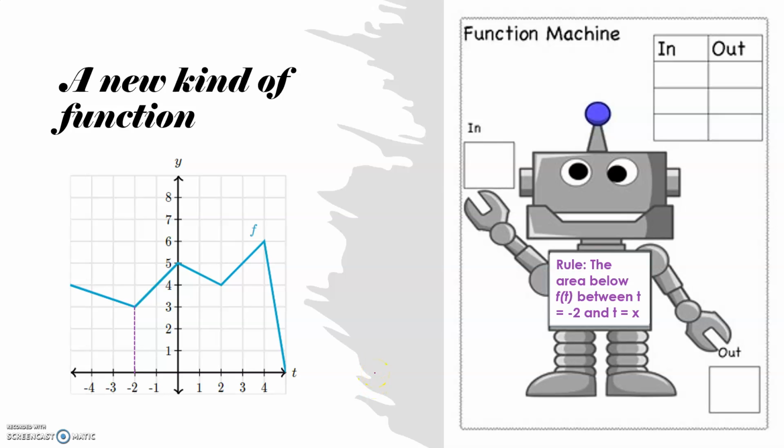If my input is x equals 0, then I'm looking for the area between -2 and 0, this shaded area. I can count boxes: that shaded area would be 6 plus 2 times 2 is 4, divided by 2 is 2. So that shaded area would be 8.